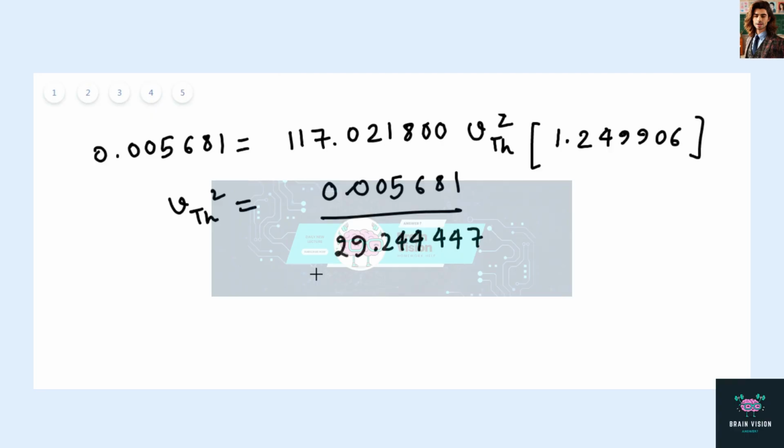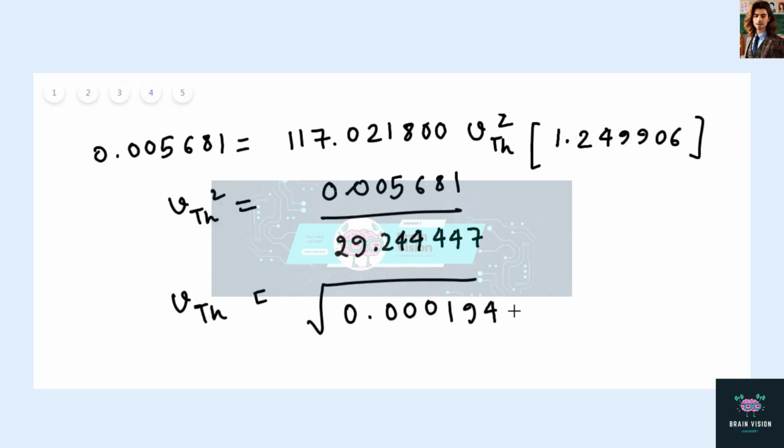Yeah, 0.00568. Thorium is square root of 0.1114, right?